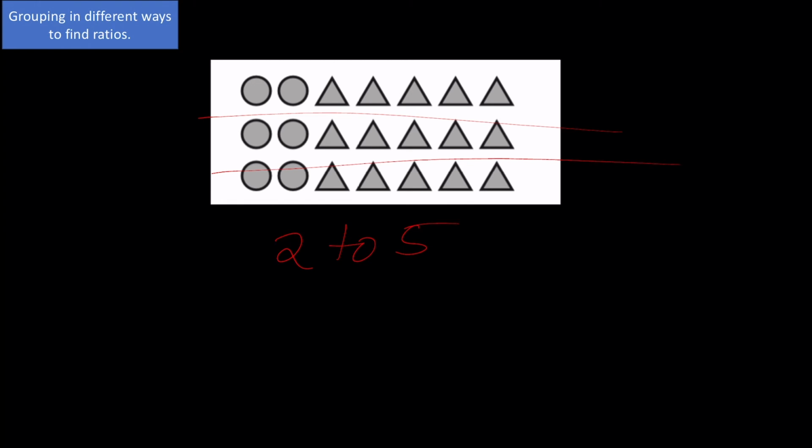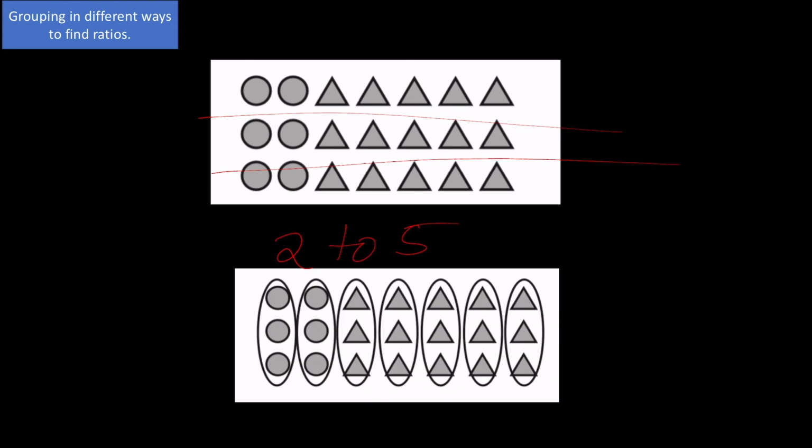Some people, though, might group them into columns instead. So they might group it like this. Is it easy to see the numbers of circles and triangles? I don't think so. It doesn't change the ratio of the circles and the triangles, but it does make it more complicated to see.